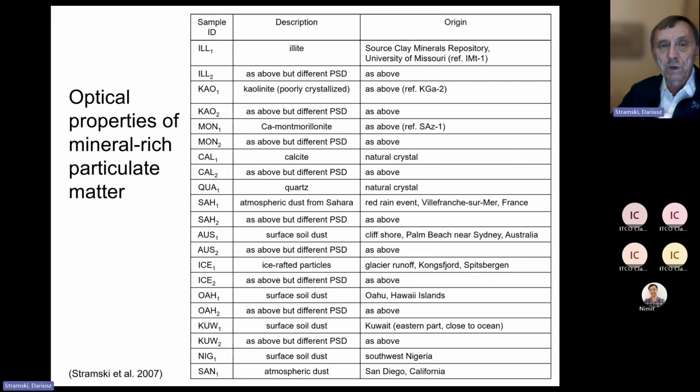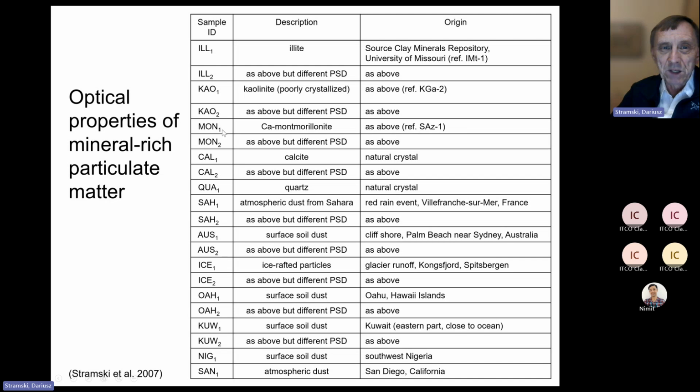Another example of particle type. So far, I've been focusing on examples of biological particles, microorganisms, phytoplankton, bacteria. What about other particles? There are lots of other types of non-living particles, organic detritus, but also mineral particles. I will show you some examples of experiments that involved studies of absorption and scattering properties of mineral species.